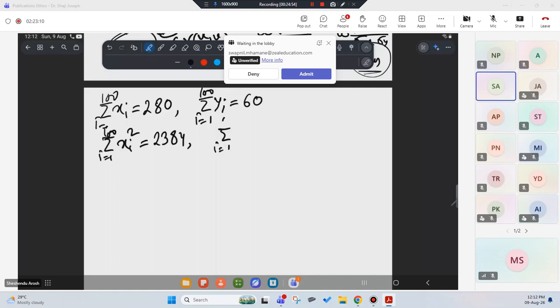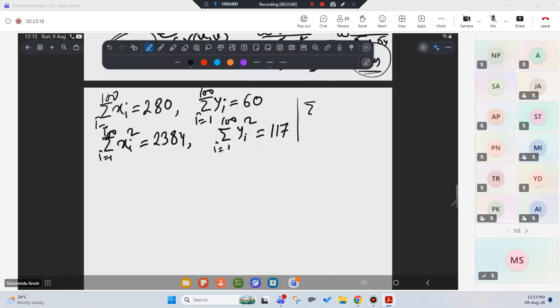Summation of 1 to 100, y square is 117. Summation of i from 1 to 100, xi yi is 438. So find the correlation coefficient.